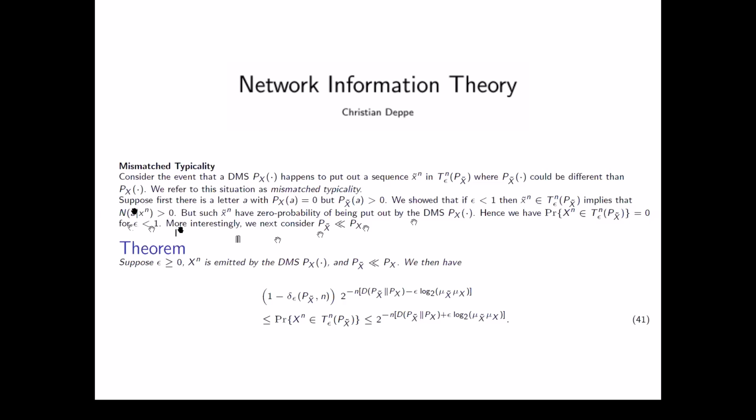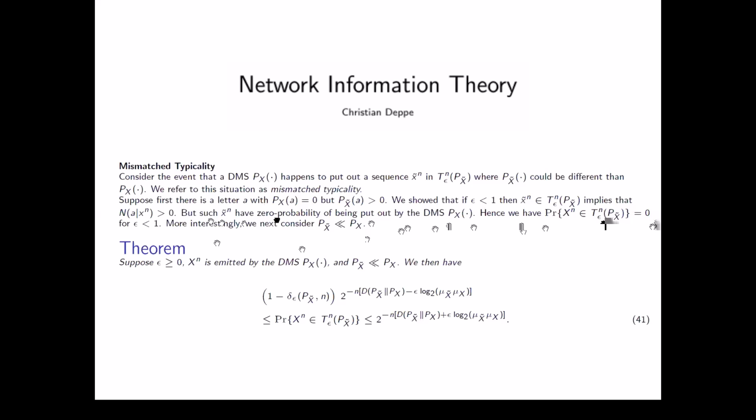So the letter has to appear. But if the letter has probability 0 concerning Px, it's not in the typical set of Px. So the probability that x^n is in the typical set of Px̃ is equal to 0 for epsilon smaller than 1. So this is not such an interesting case.